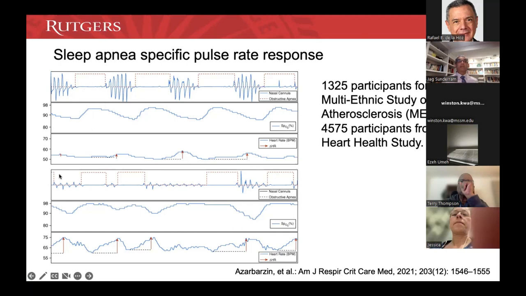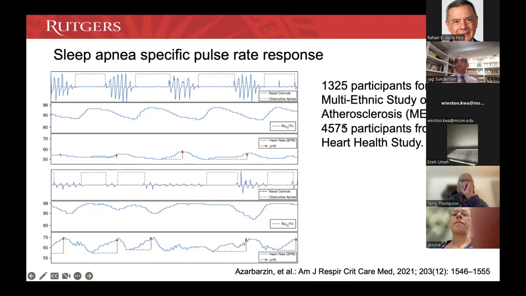So you have a desaturation event, but in addition, you see this heart rate dropping off and then responding as the airway opens up and coming back to normal. This change in heart rate has been called the delta heart rate. In this instance, there's a small change, but in this instance, there's a large change in heart rate. So what these authors were looking at is whether this change in heart rate is somehow related to cardiovascular events.